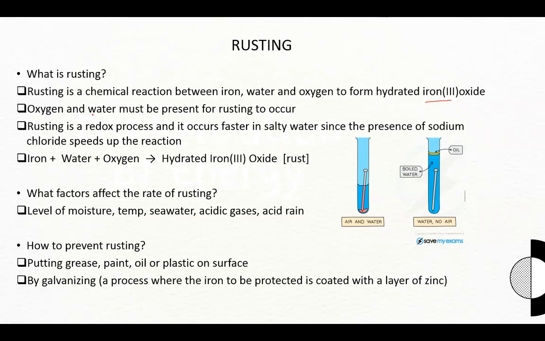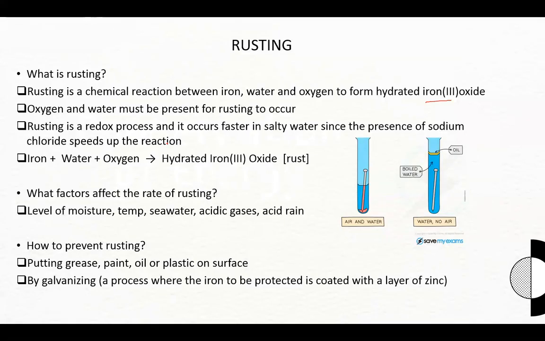So, oxygen and water must be present for rusting to occur. And rusting is a redox process and it occurs faster in salty water since the presence of sodium chloride speeds up the reaction. So remember, sodium chloride, that's salt, right?